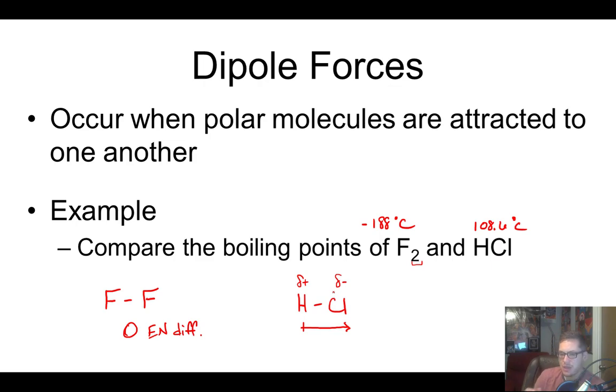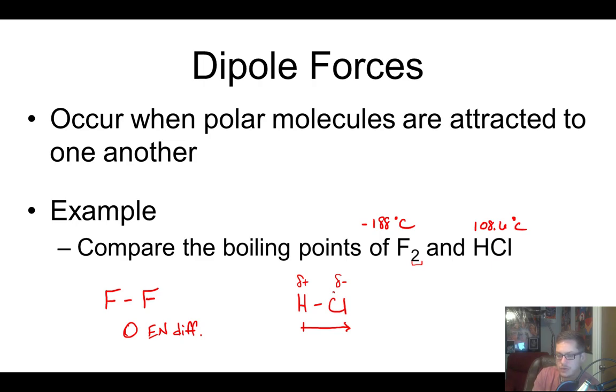So the idea is that when you're boiling something, what you're really doing is making those molecules get farther apart. Remember how we talked about how liquids and solids are mushed closer together, and really it's the idea of how far apart they can get.